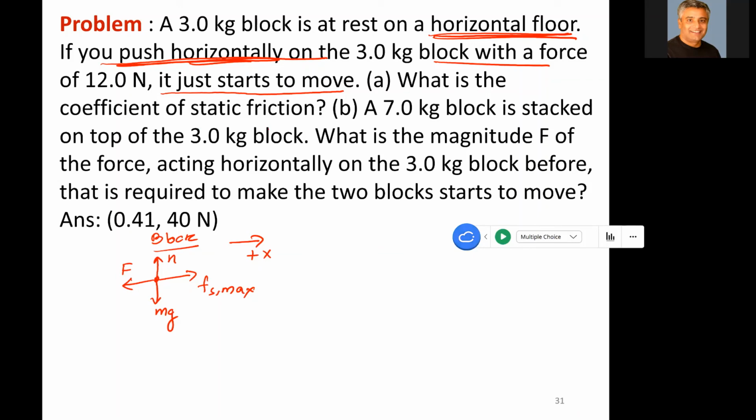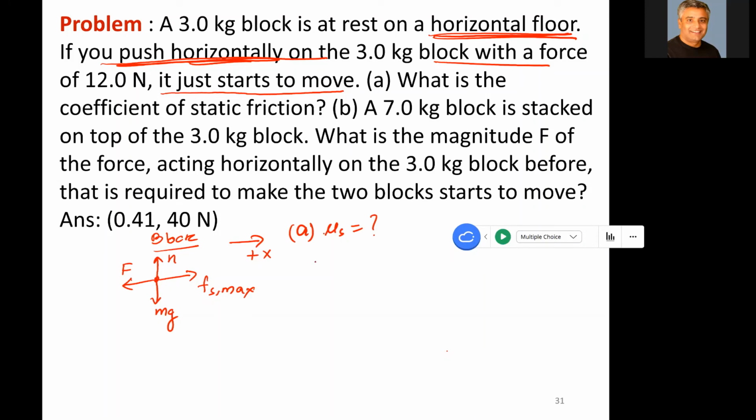So what is the coefficient of static friction? In this case, it's asking us in part A, mu s is what? Coefficient of static friction means mu s is what? It's not asking for friction force, it's asking for that.